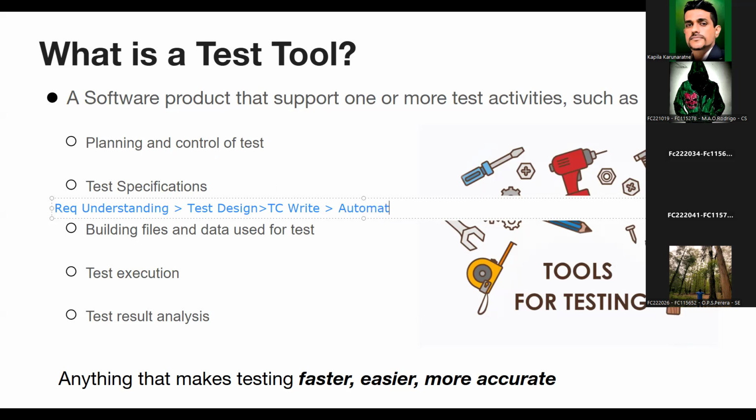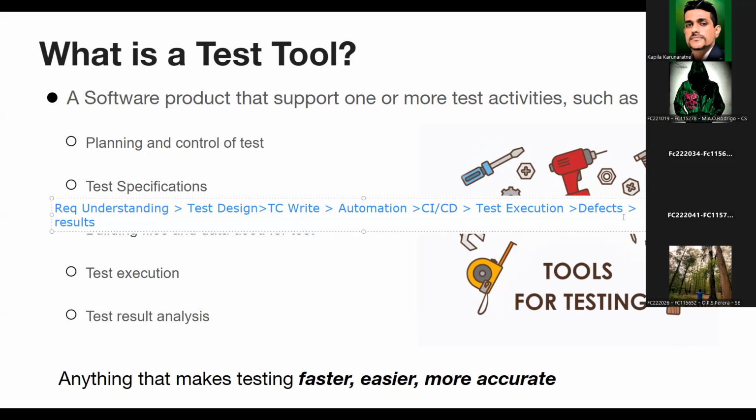Then automation, test execution activity. You can bring CI/CD here as well if needed. Defect reporting, so defects and results. This will be your generic software testing life cycle workflow.